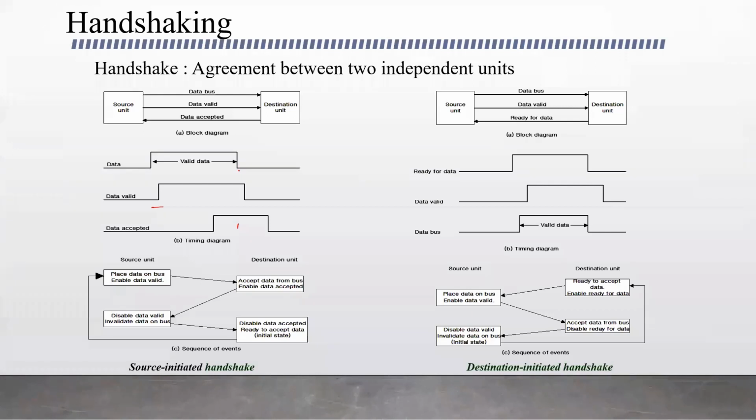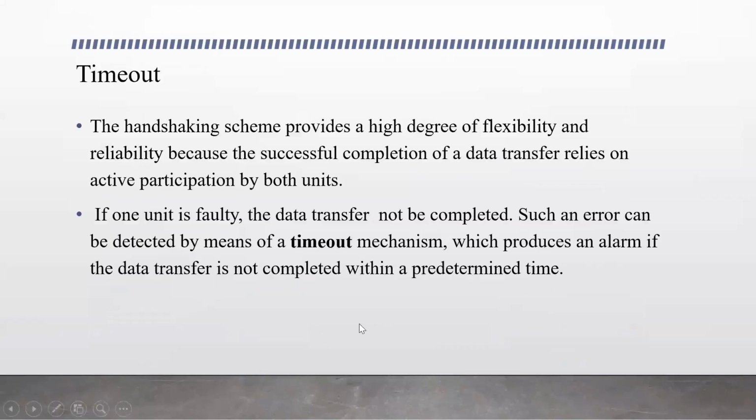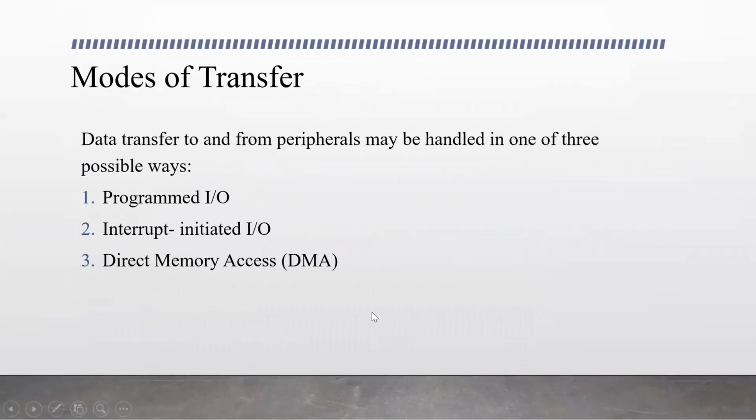But the source will not transfer the next byte of data until the data accepted line is disabled by the destination. When the destination is ready to receive the next data, it disables data accepted. Now it is ready to accept data, it goes to the initial state, so the source can transfer the data.